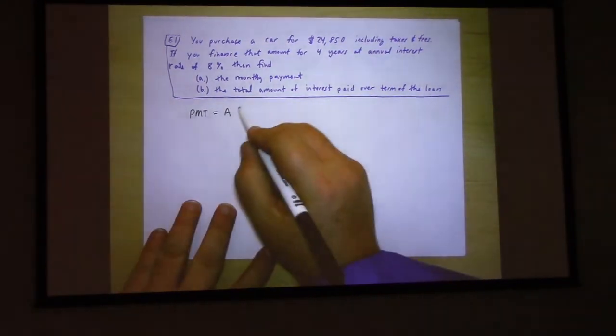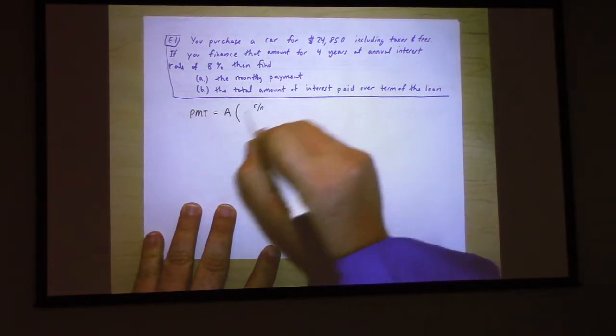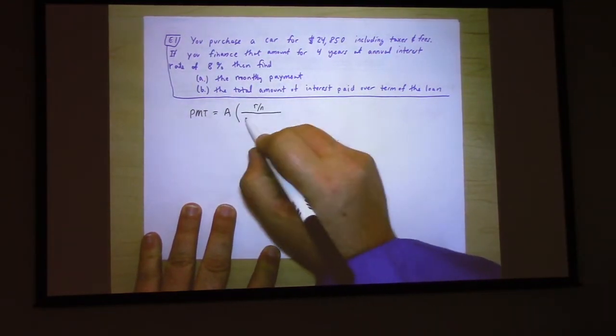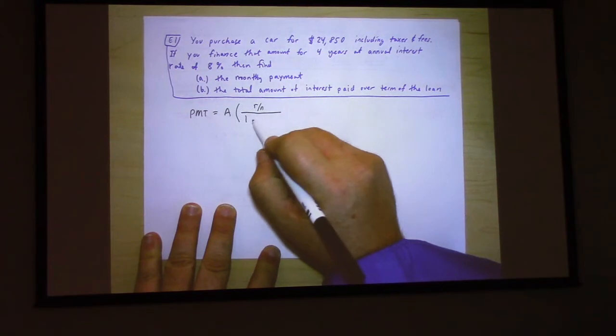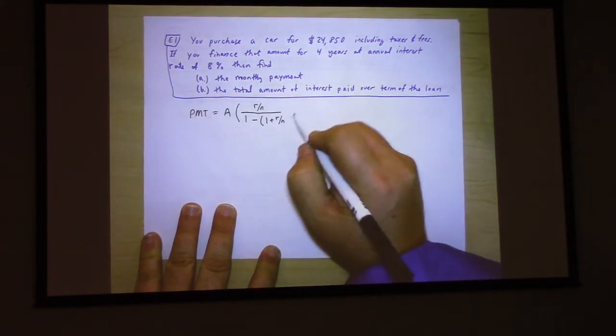This is the danger of cutting pages out of a book. So we get R over N divided by 1 minus parentheses 1 plus R over N to the minus NT.